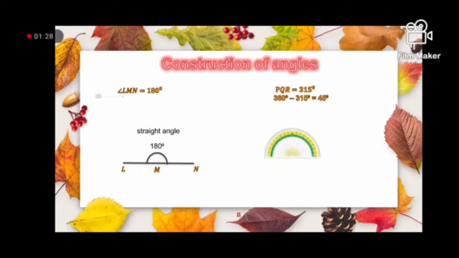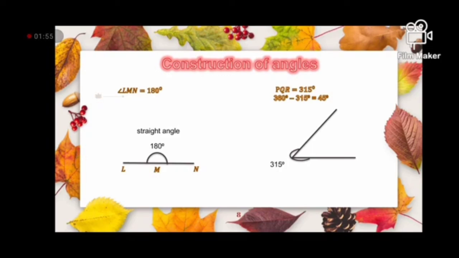Now we will construct the angle of 45 degrees. Then we will mark the outside angle of 315 degrees, because 315 plus 45 is equal to 360 degrees.